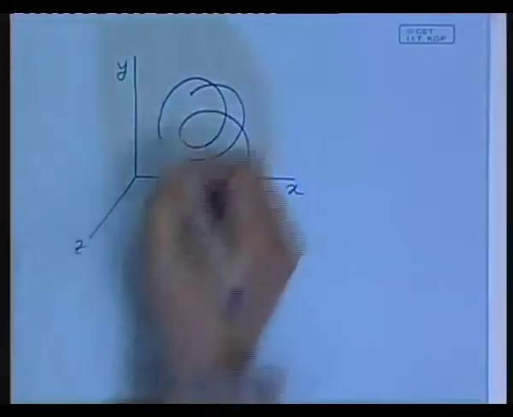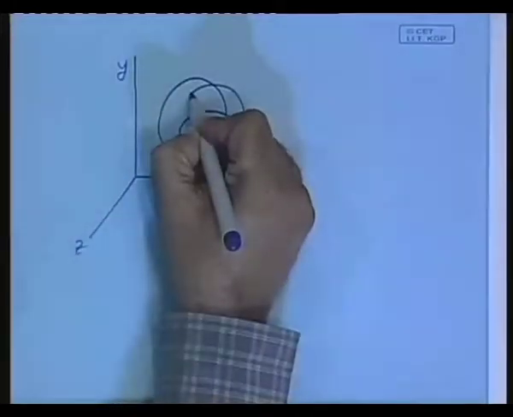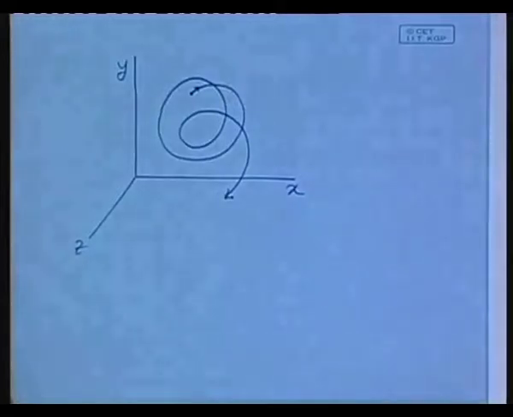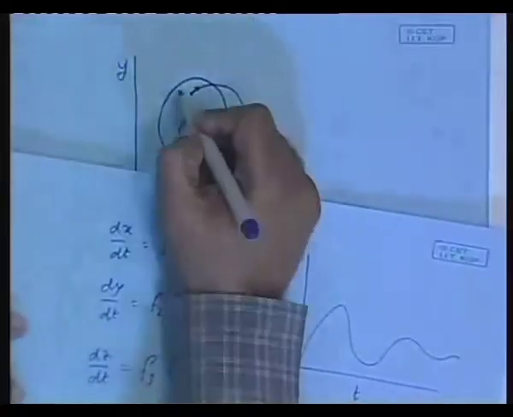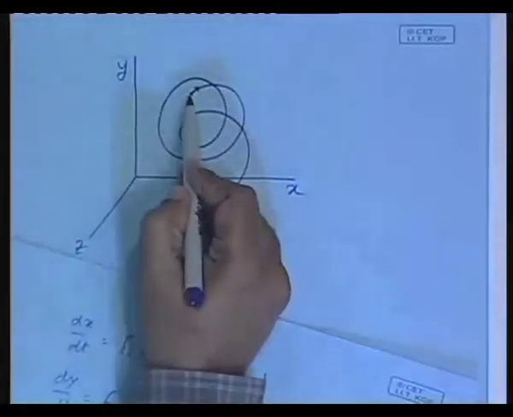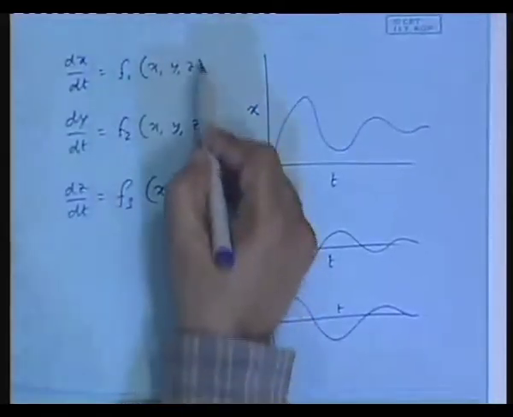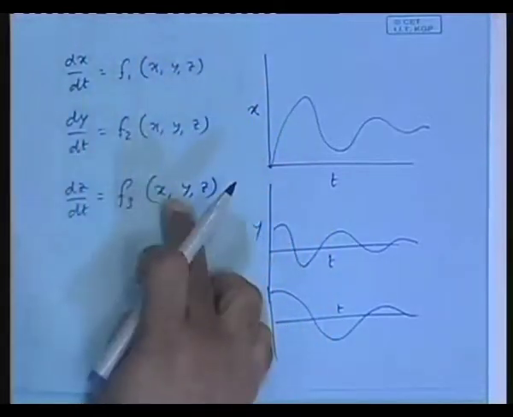So, you have this. By the way, starting from here, how do we know where to go next? For example, at this point, somehow this point knows that it has to go in this direction. How does it know? It knows from the differential equation, really, because here means a particular value of x, y and z, and if you substitute this value of x, y and z in the right hand side, you get numbers.